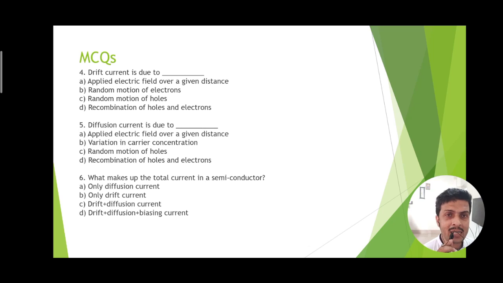And obviously under biasing, current contributes. So if there is no biasing, the total current is drift and diffusion. And if there is biasing, drift current, diffusion current and biasing current may be an option, but normally we are not writing biasing current, because biasing current and drift current are almost the same, because it is the applied electric field for which the charges are moving. So this fourth option cannot be correct. Option C is the correct answer.